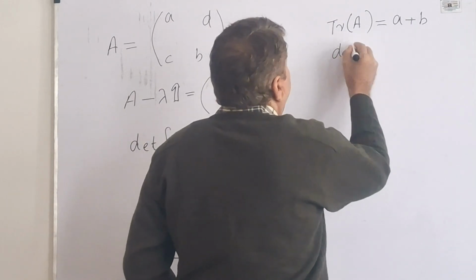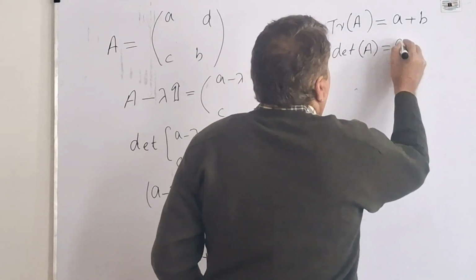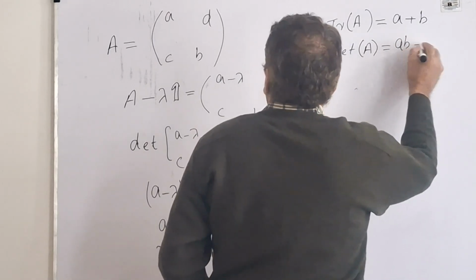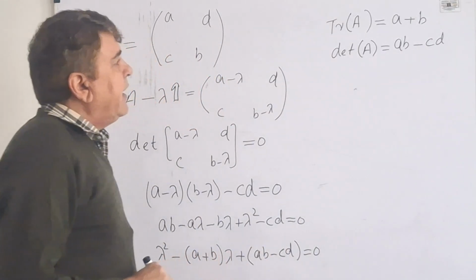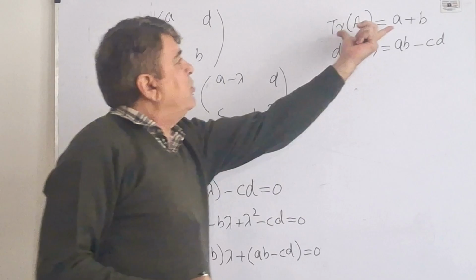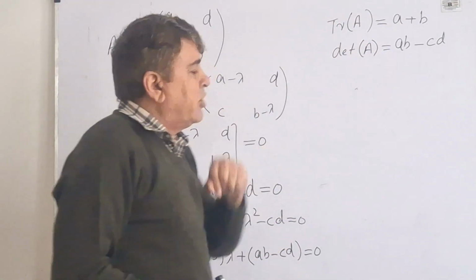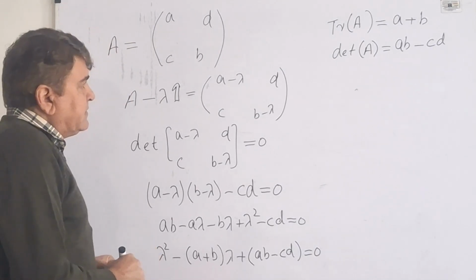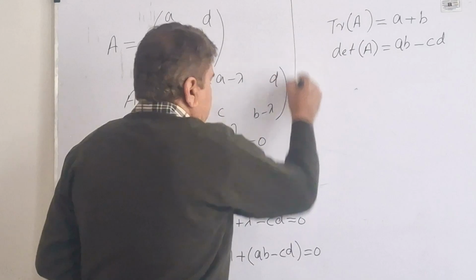That is, the determinant of matrix A is equal to A times D minus B times C. And if I look at this equation, this thing is exactly equal to the trace of A, and this thing is exactly equal to the determinant of A. That means I can put this equation into this form.